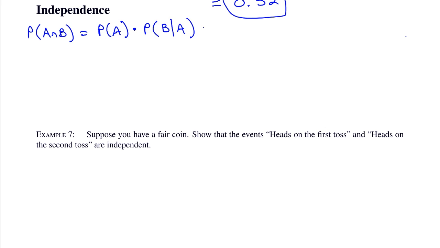All right. Two events are independent if, when you go to compute the probability of B given A, knowing that A has occurred doesn't change anything. So, for example, let's say I deal a card, and I look at the card, and it's a heart.